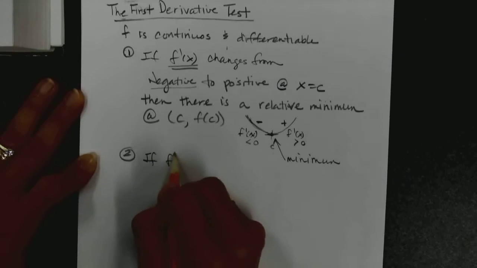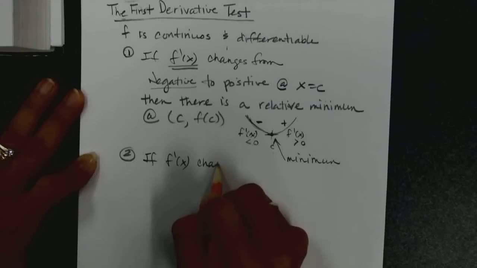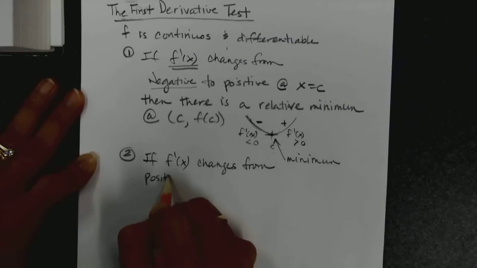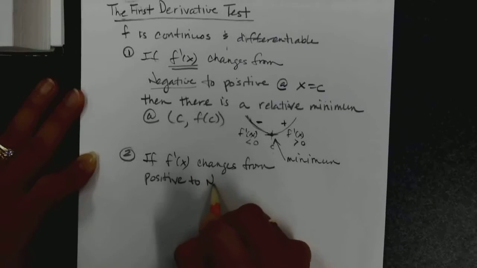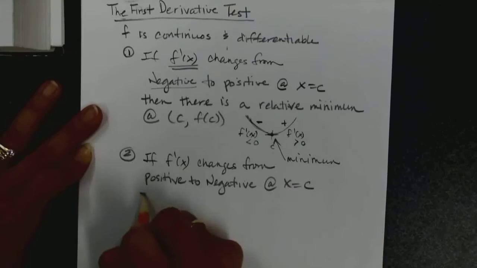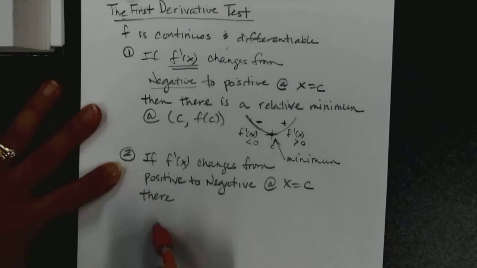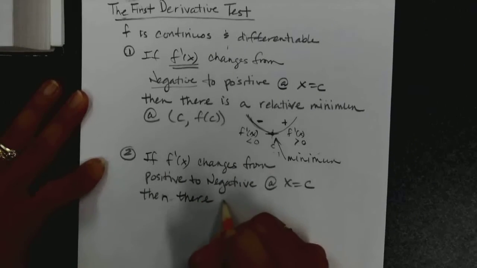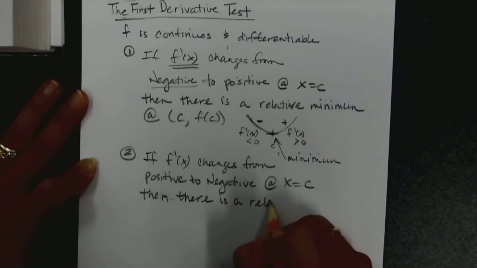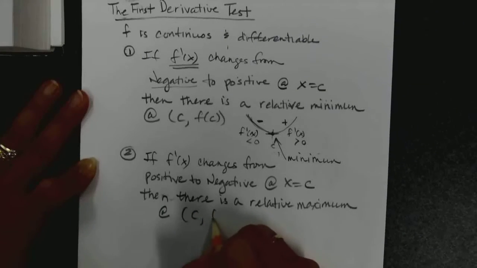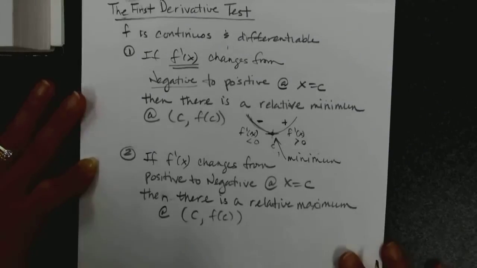So then the second one says if f prime of x changes from positive to negative at x equals c, then there is a relative maximum at c comma f of c.